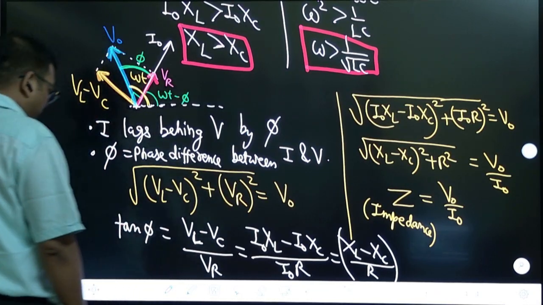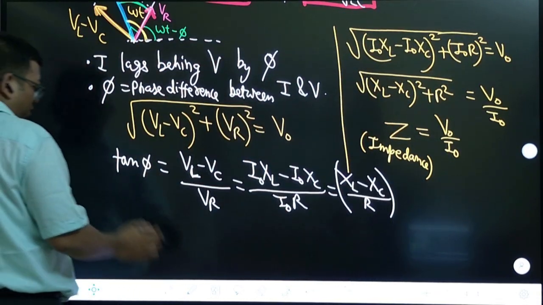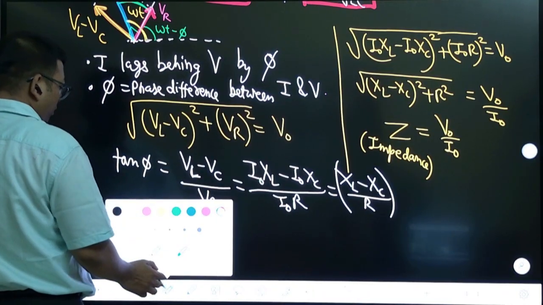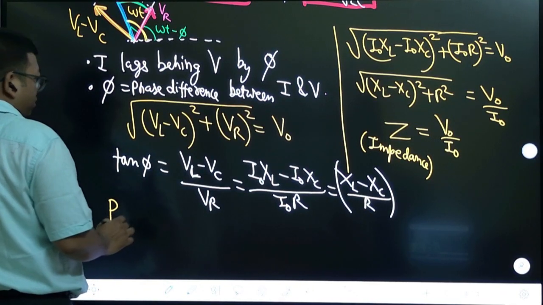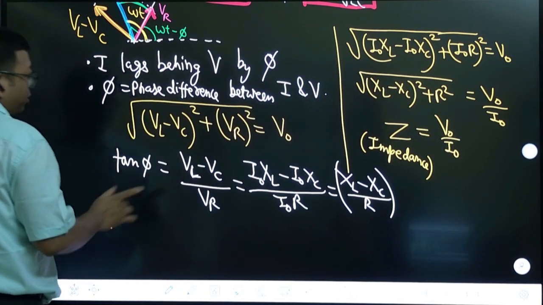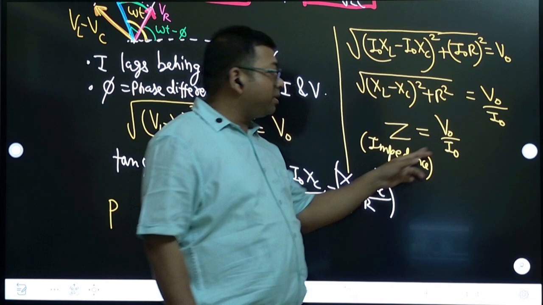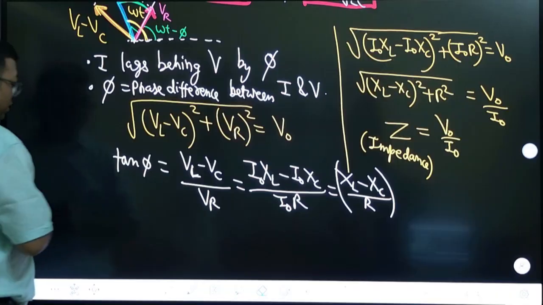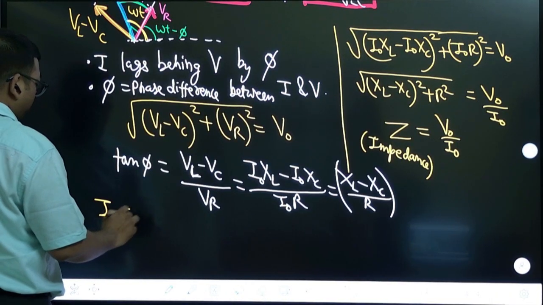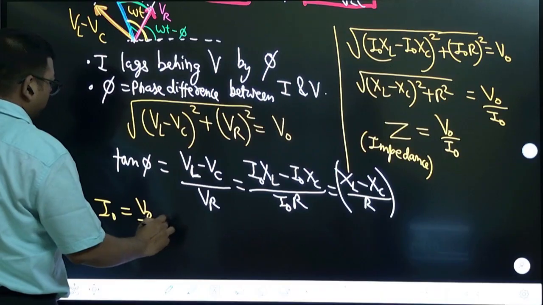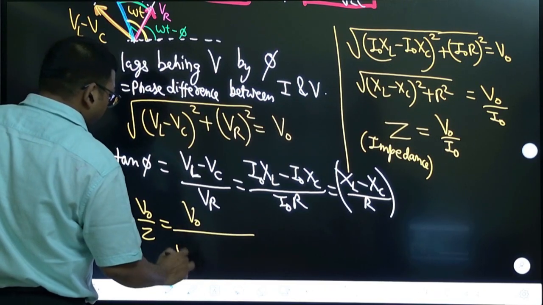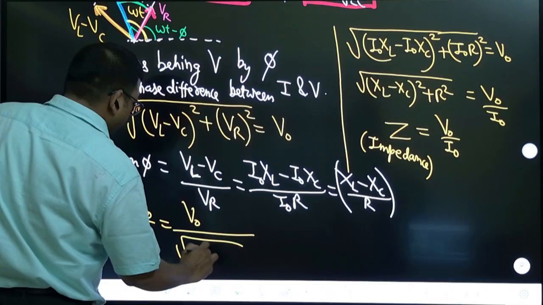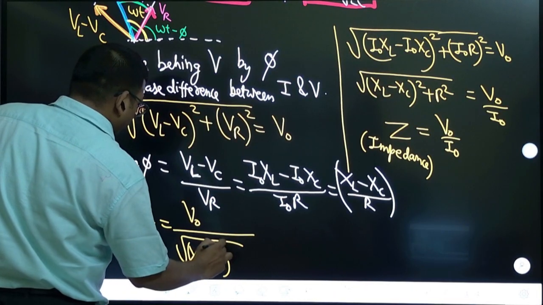Okay, then what else? How to calculate power? The peak value of current we can also calculate because Z we have calculated. How to calculate current? I naught is equal to V naught by Z. Z we have already calculated, root under XL minus XC whole square plus R square.